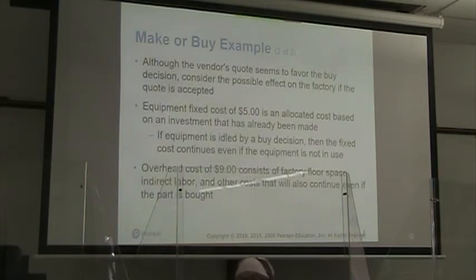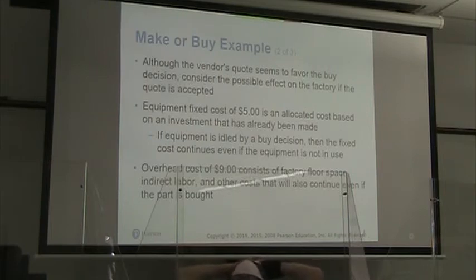But the equipment cost of $5 is already a sunk cost. When we got that equipment, we had to invest a certain amount. So if we don't use the equipment, the cost for that continues even when we're not using it.